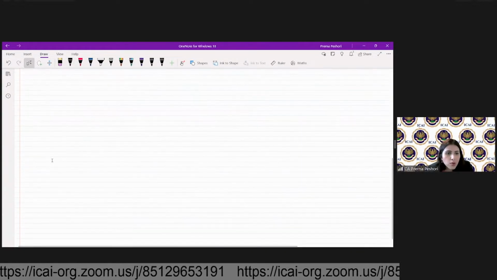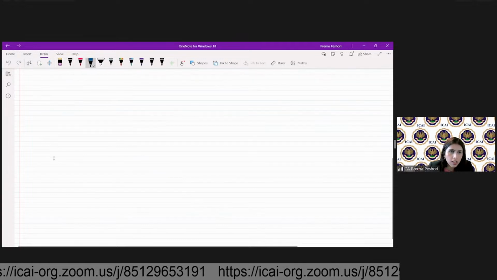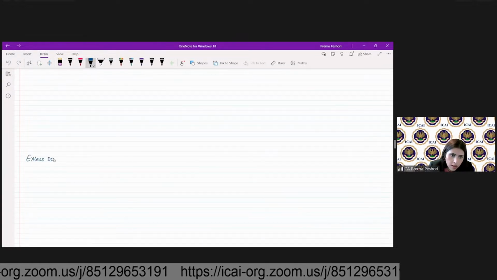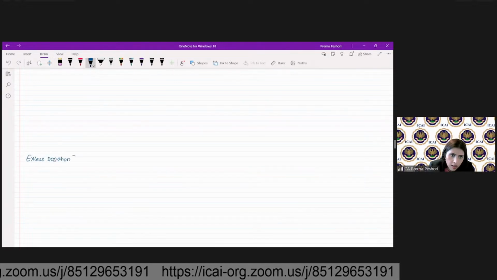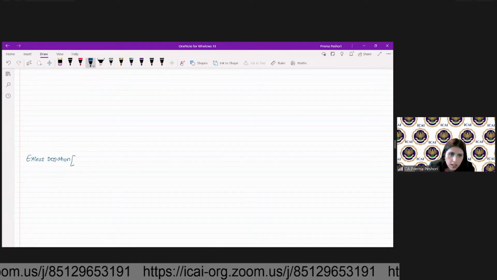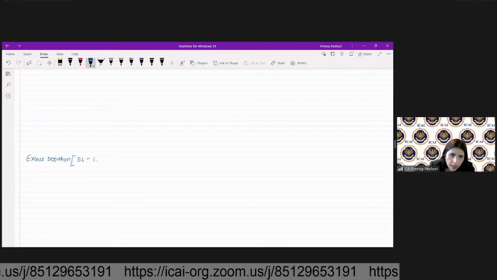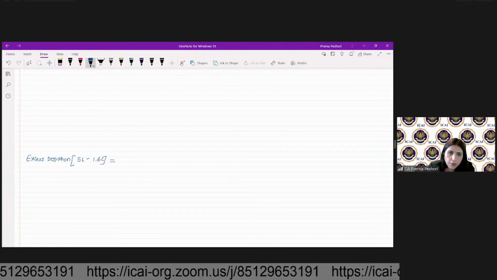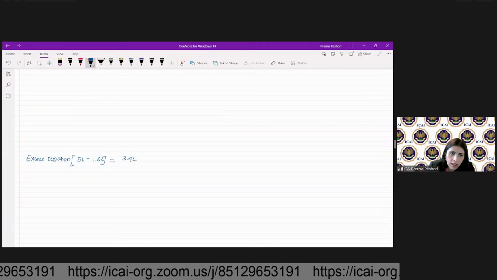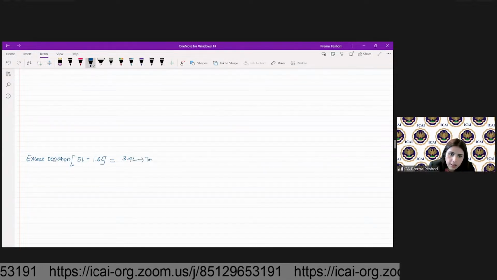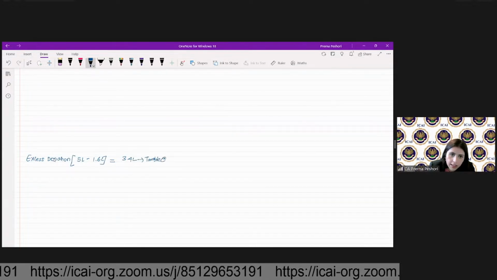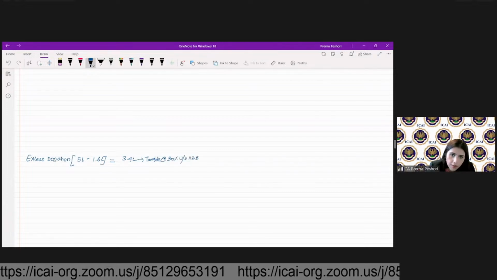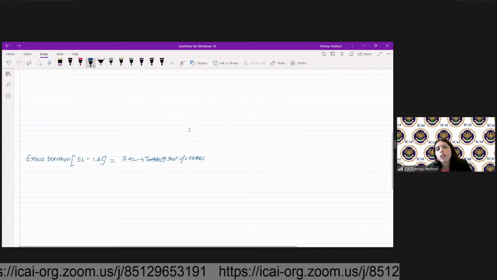The excess donation, which is 5 lakh minus 1.6 lakh, this is going to be 3.4 lakh, taxable at the rate of 30% under section 115BBC.